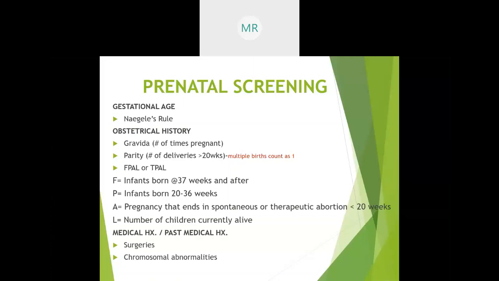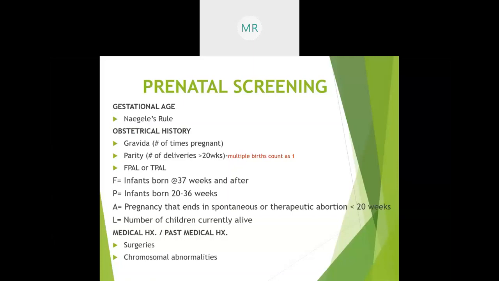Now, when you see it in the charts, a lot of times you're going to see a G over P. For that patient, you're going to see 2 over 1. Or you're going to see 4 numbers next to it.